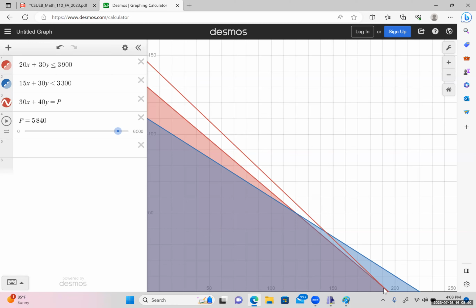At maybe x equal to 192 and y equal to 2. But I can even make it higher, by 195. So move a little bit more.